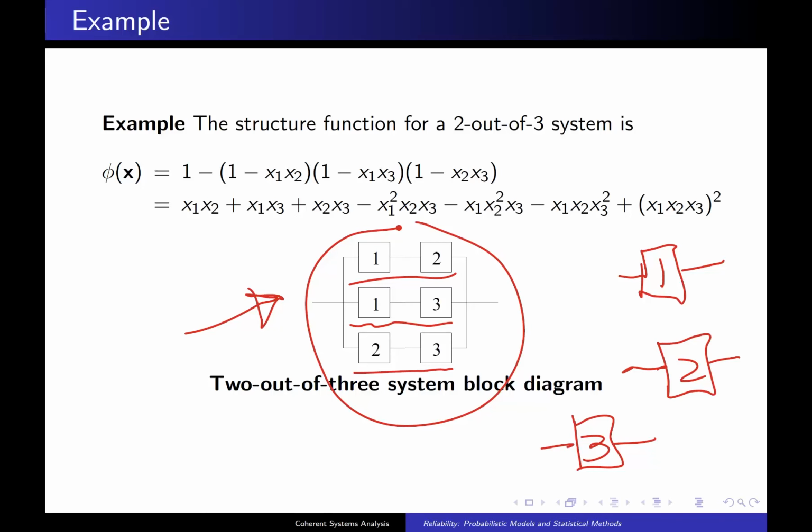So the structure function will be 1 minus the product of (1 minus x1 x2), because x1 and x2 are in series, (1 minus x1 x3), because components 1 and 3 are in series, and (1 minus x2 x3), because 2 and 3 are in series. If you feel like multiplying this out, you will get this expression right here. So that is an example of a 2 out of 3 system.